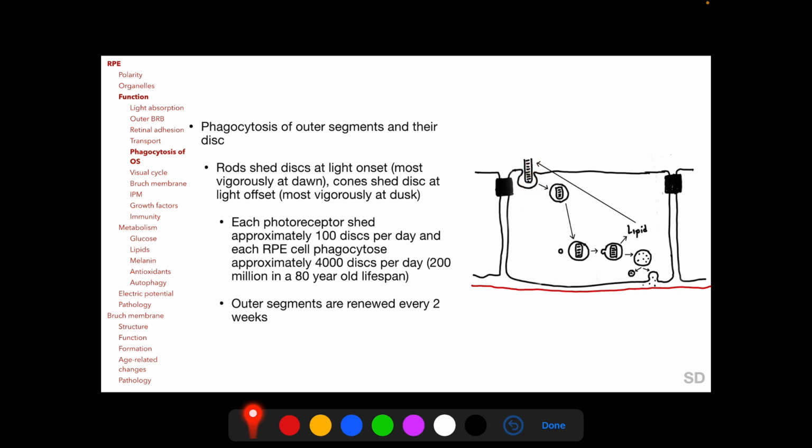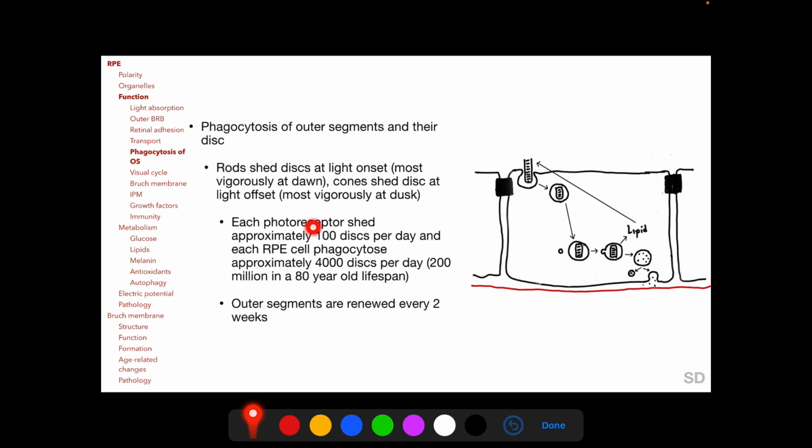The rods shed discs at light onset, most vigorously at dawn, and the cones shed discs at light offset, most vigorously at dusk. It has been estimated that each photoreceptor sheds approximately 100 discs per day, and so each RPE cell, which is in contact with approximately 40 photoreceptors, phagocytoses approximately 4000 discs per day, or approximately 200 million discs in an 80-year-old lifespan.